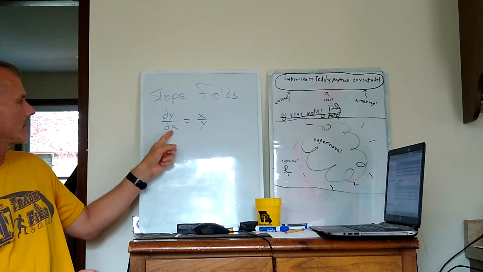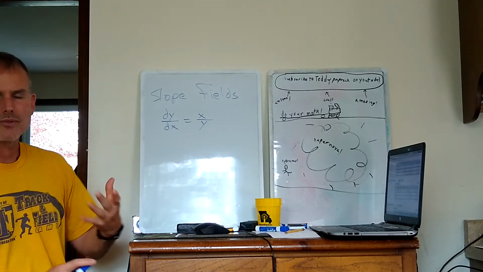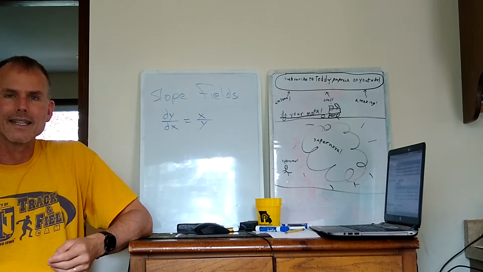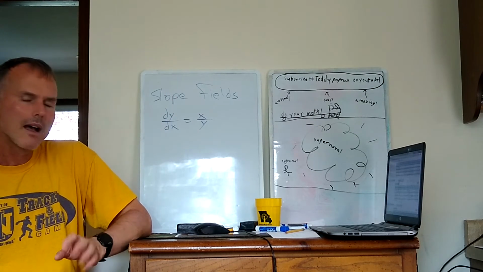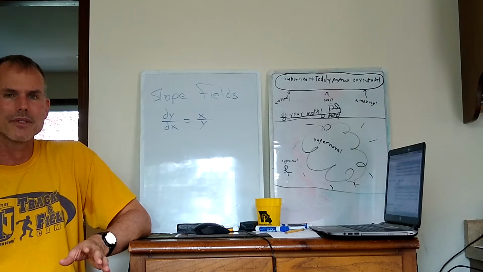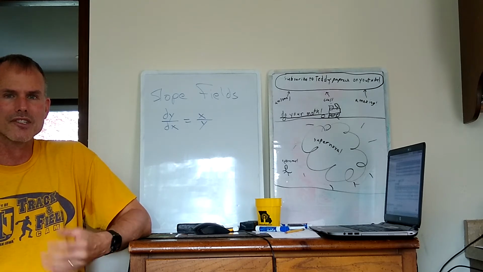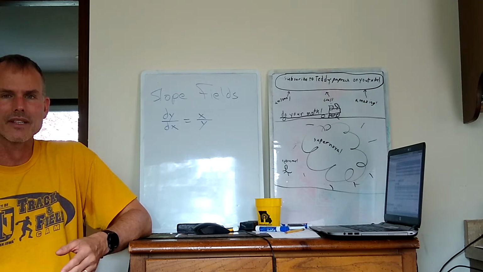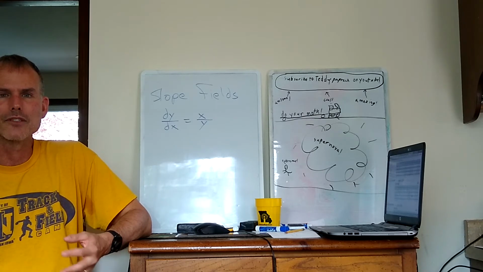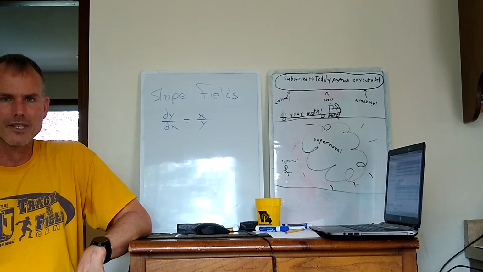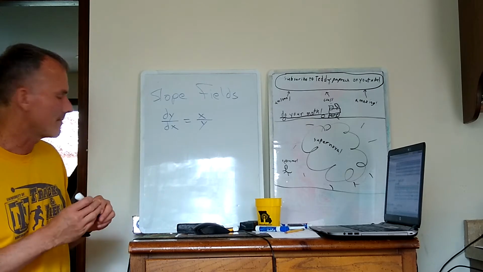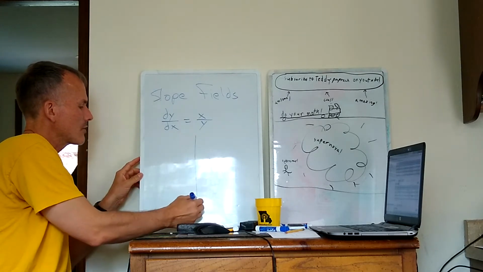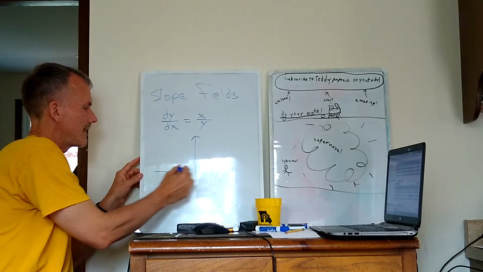I can move the y over here, move the dx over here, integrate both sides, solve for y, and get a general solution. But that's not what we're going to do here. We're going to use this differential equation to create a slope field. That slope field will be a graphical representation, rather than an algebraic representation, of the general solution to this differential equation.